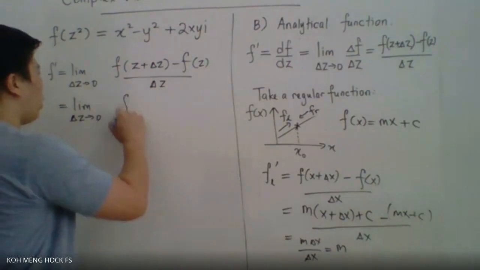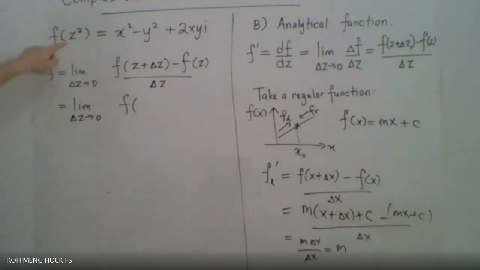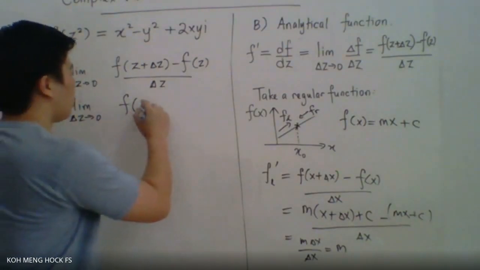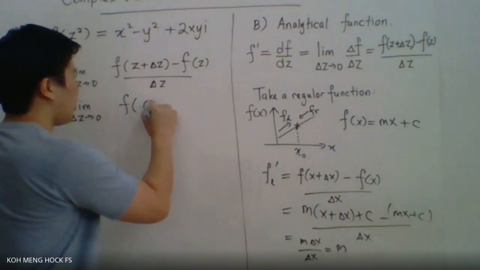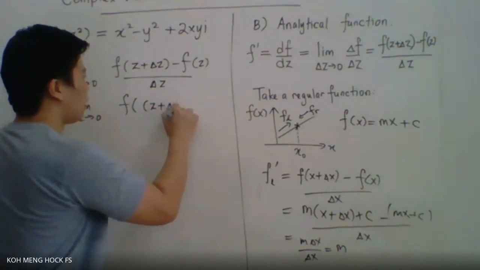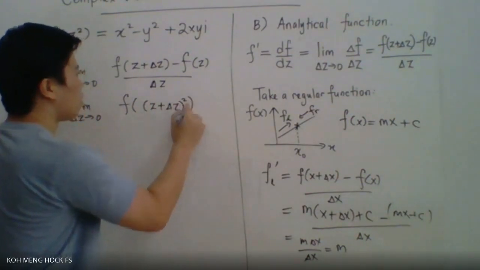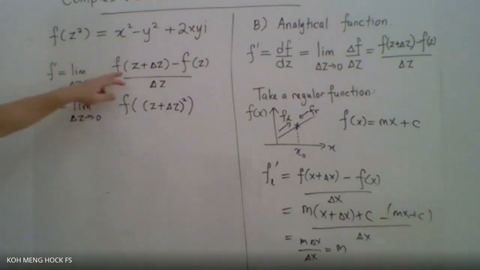Okay, kita naik delta z, so this is going to be z plus delta z kuasa 2. Because my function I need to increase by delta z. Now they give me a function which depends on z squared.